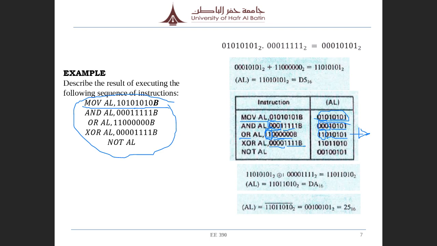So the four 0 bits make these 4 bits no change, and the four 1 bits make these 4 bits complement, so 0101 will be 1010. Is that okay? Until now, okay?